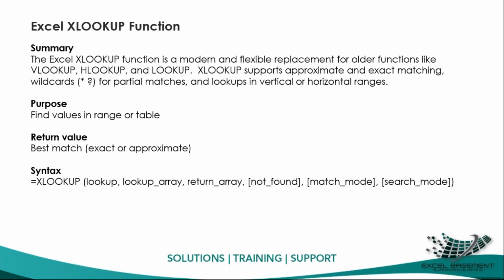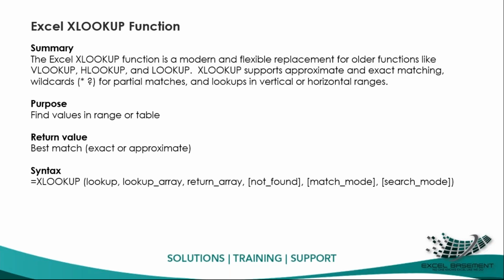So the first argument of XLOOKUP is the compulsory argument, which is the lookup value, then the lookup array. Those users who have applied INDEX and MATCH before can understand these two arguments very easily. Then the return array will be the result array.